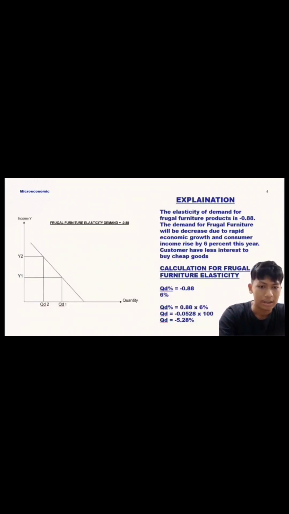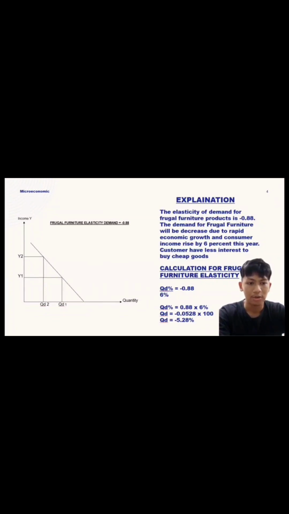So here is the fragile furniture elasticity demand chart, and the explanation is the elasticity of demand for fragile furniture product is negative 0.88. The demand for fragile furniture will decrease due to rapid economic growth and consumer income rising by 6% this year.